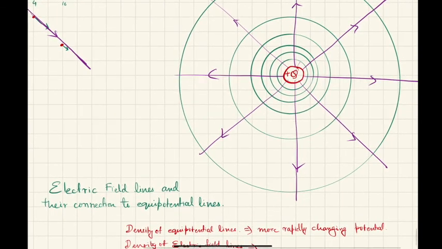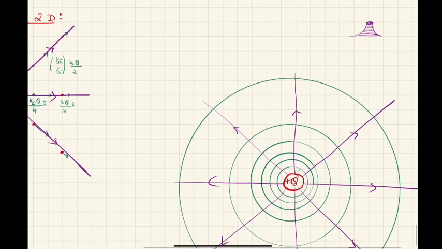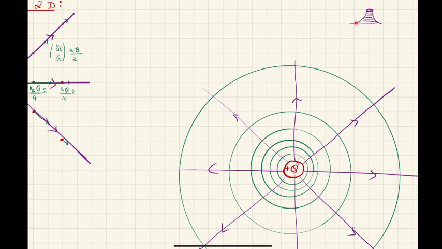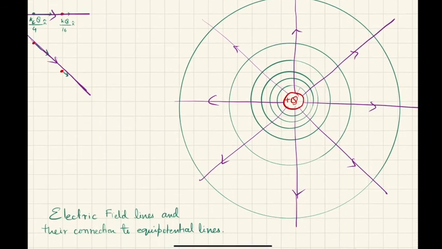That represents a more rapidly changing equipotential surface. Close to the charge, the potential is rapidly changing, and so I have more equipotential lines, and further away it's not changing as rapidly, it's much flatter, and so they're more spread out.